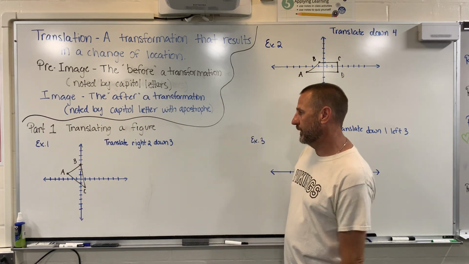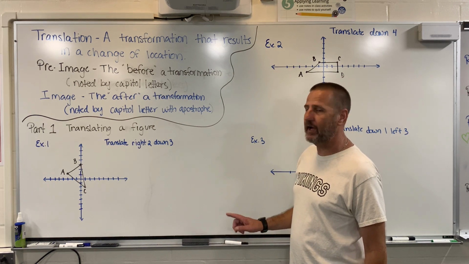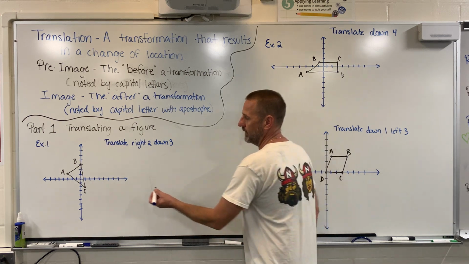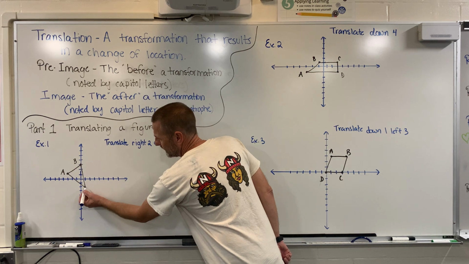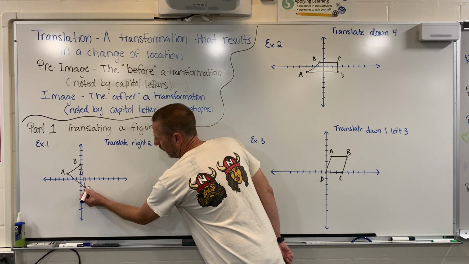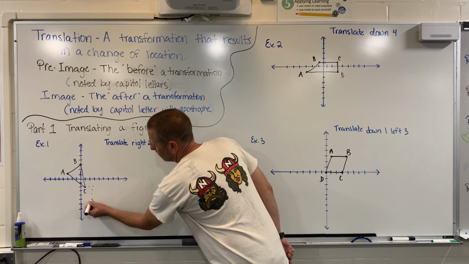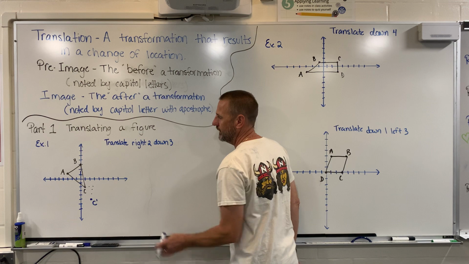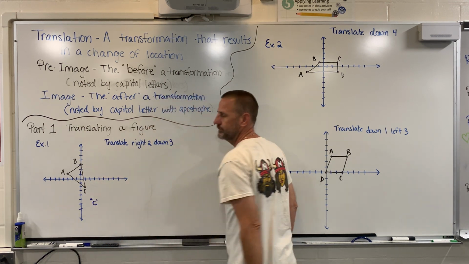So when I do this one, I can start at any of the 3 points, and I just simply count out what's happening. So let's say I start at point C, just because it's easiest to me. Point C, if I put my pencil there and I count over 2 and then down 3, this is the image, and I put an apostrophe on the C to mark it as being the image.